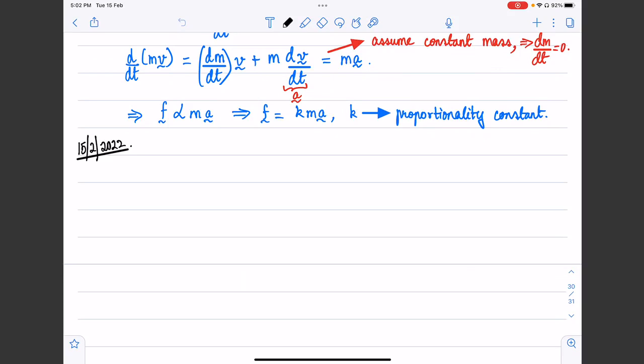If you choose the SI system of units where 1 Newton is defined as the force required to accelerate 1 kilogram of mass at 1 meter per second square acceleration, then using that system of units and these definitions of the quantities involved, the constant of proportionality becomes 1.